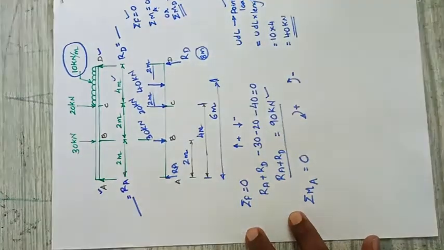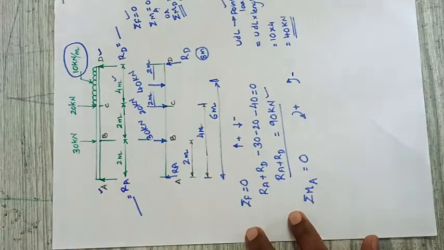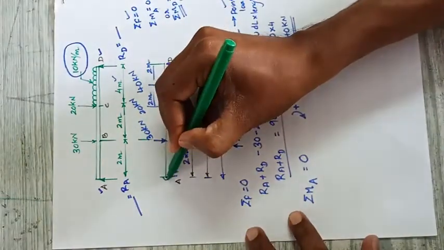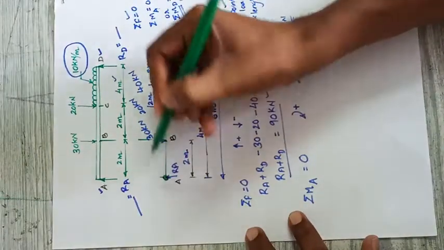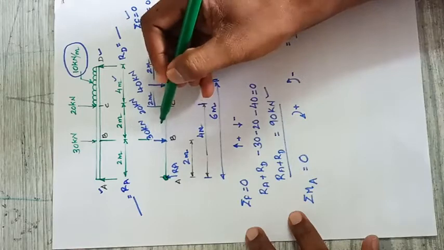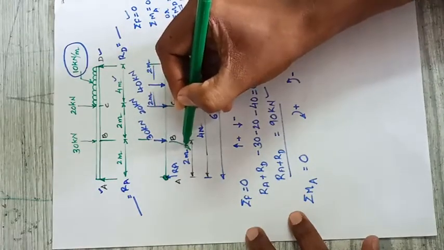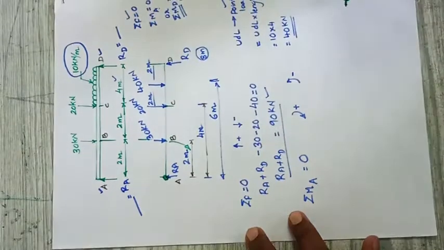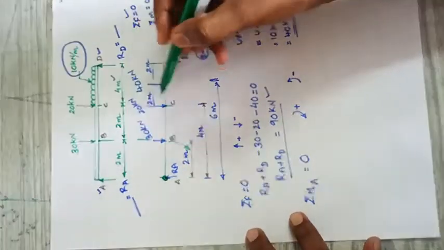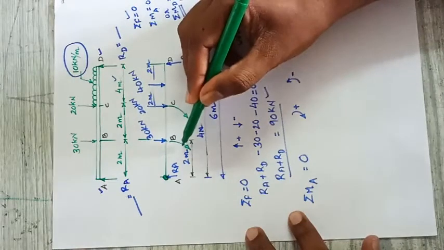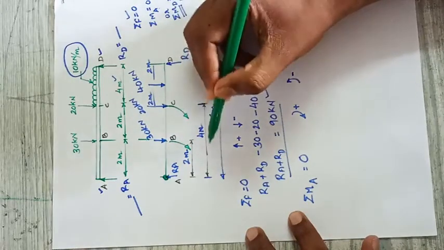First you have to identify in which direction these forces are acting when we take the moment. This will be the point of reference, that is A. If I take the 30 kilonewton, it will be rotating like this with reference to A, and the second force 20 is acting in this way, so 30 and 20 are acting in the positive direction.